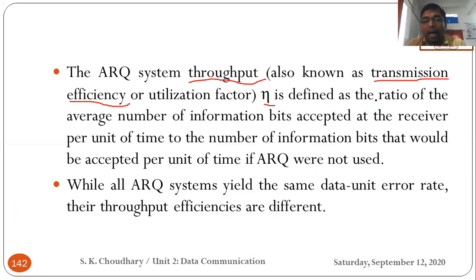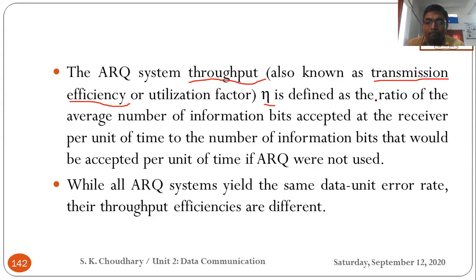It is the ratio of the average number of information bits accepted at the receiver per unit time when the ARQ system is applied, to the number of information bits that would be accepted per unit time if ARQ was not used.